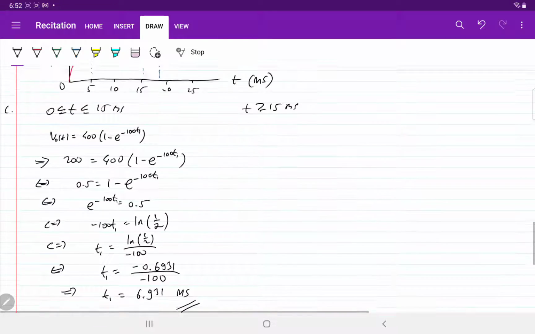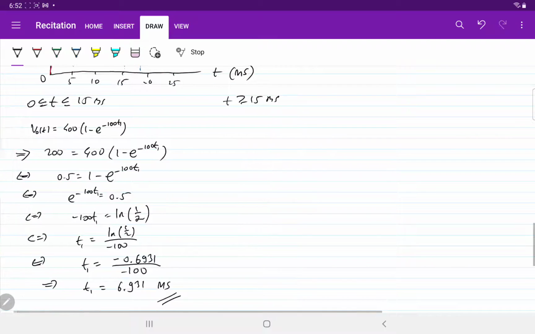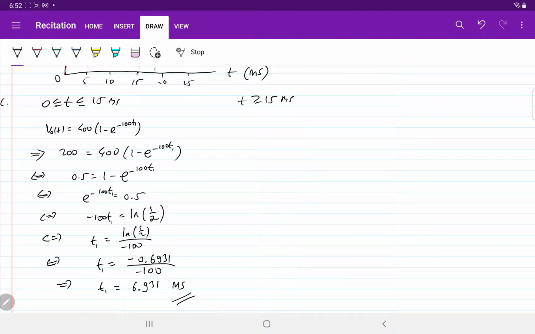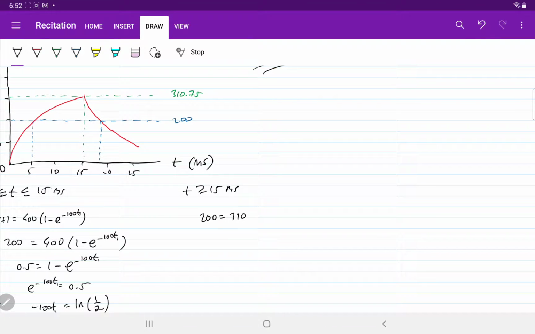Okay, so at t 6.9, actually we have the voltage is 200 volts. Okay, so for t greater than 15 milliseconds, we can follow similar steps. So 200 is equal to 310.75 e to the power minus 200 (t minus 0.015).